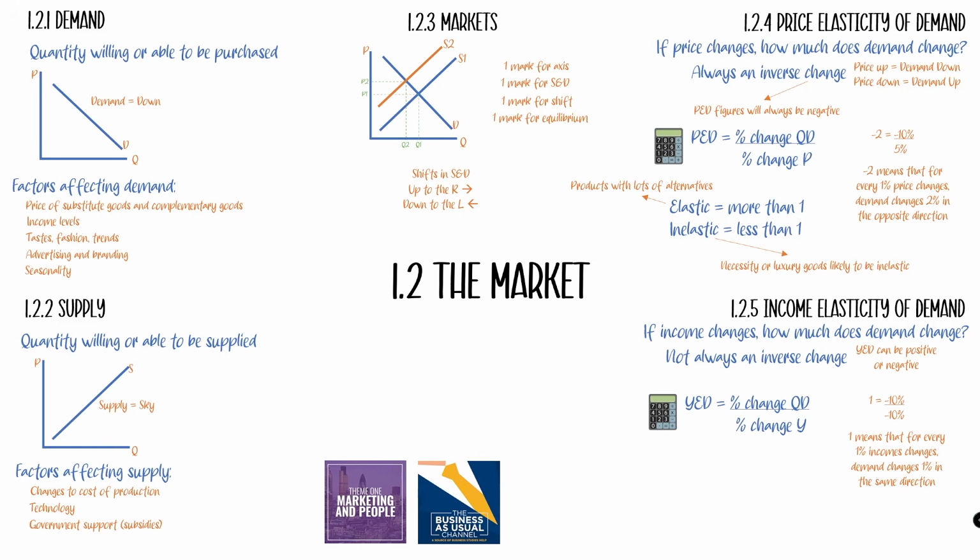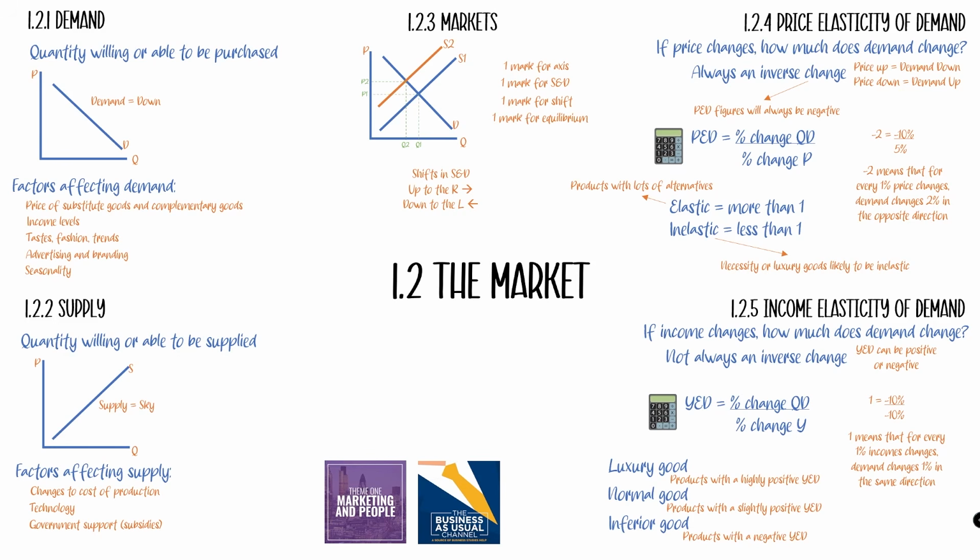Now we've got 3 types of good here to focus on. A luxury good is one that has a highly positive income elasticity of demand, so that would be more than 1. A normal good would have a slightly positive income elasticity of demand. And then our inferior goods are going to have a negative income elasticity of demand. And what this means effectively is, if we take Aldi as an example, I've used Aldi as an example already in the first video.